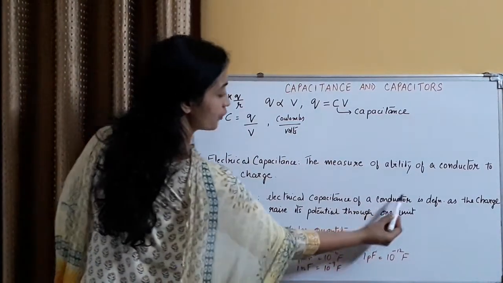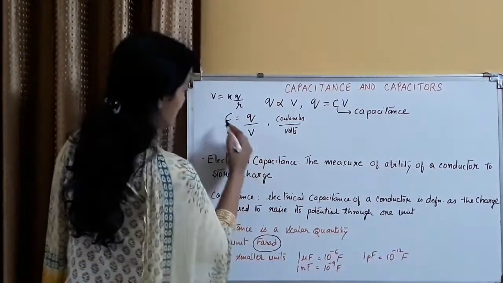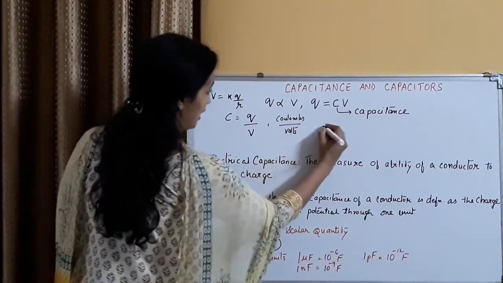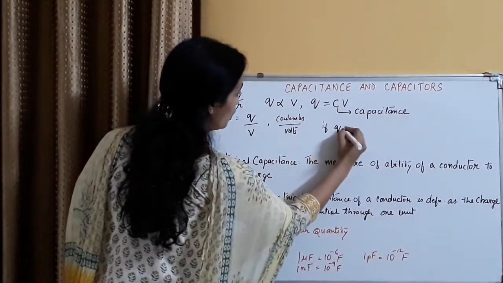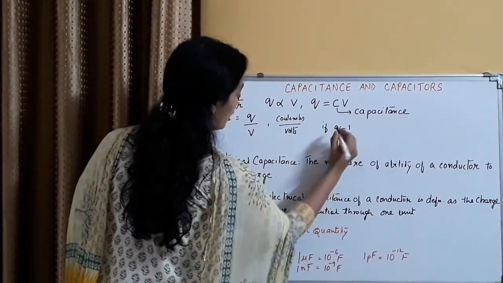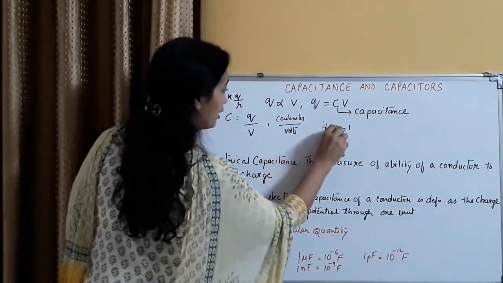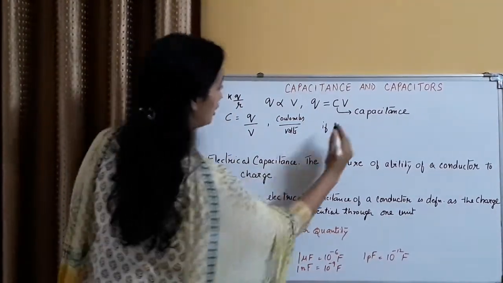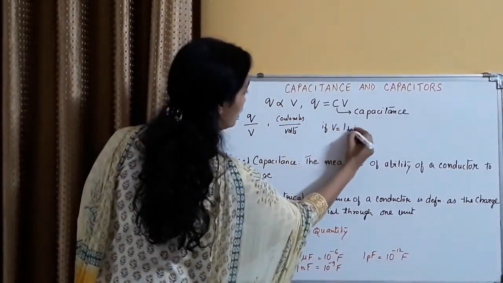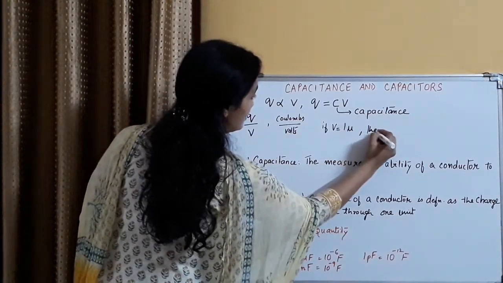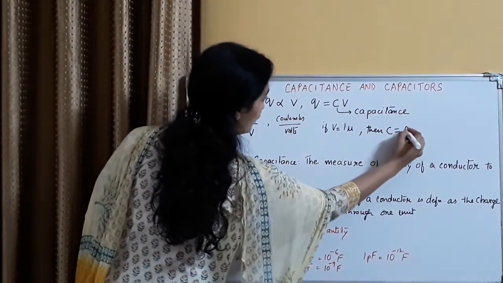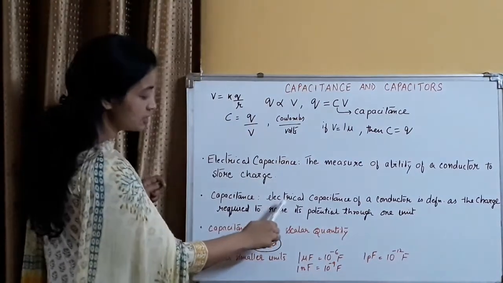Electrical capacitance of a conductor, C, can be defined as: if V is equal to 1 unit, then C is equal to Q. The definition comes here.